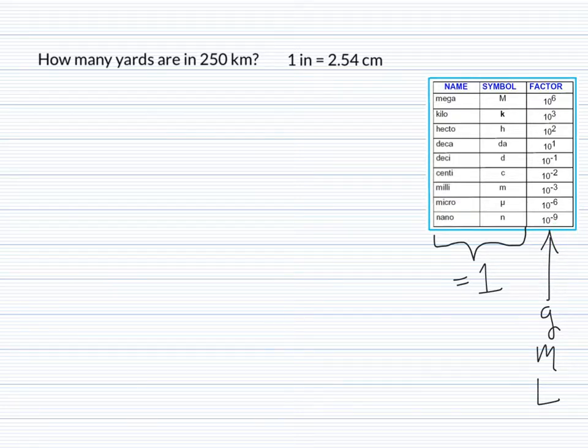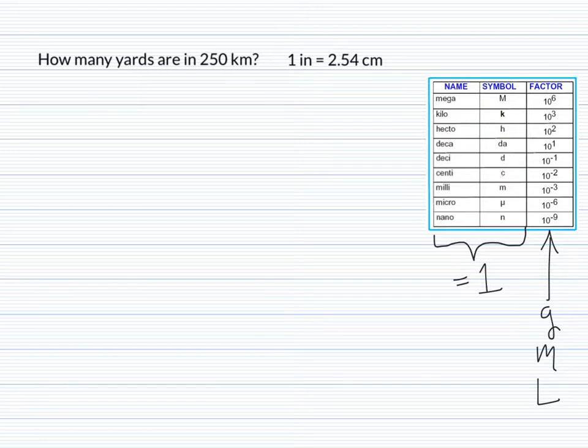So let's look at kilometers for a moment. So we have kilometers here, K, 10 to the third power. So 10 to the third power represents, if we're looking at kilometers, how many meters are in 1 kilometer. So there's 10 to the 3 or 1,000 meters in 1 kilometer.